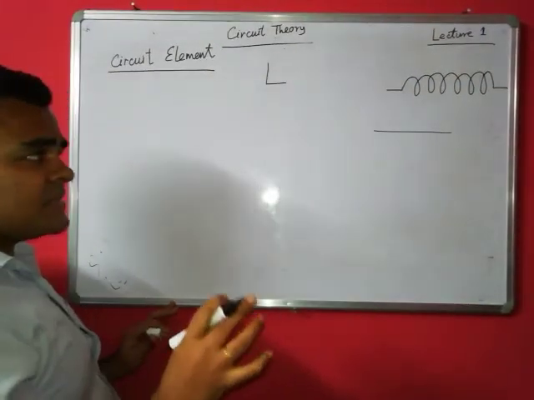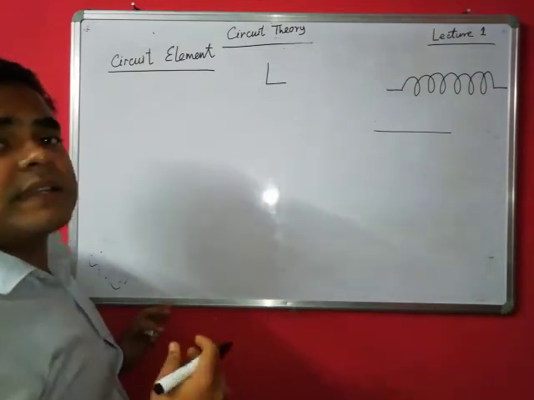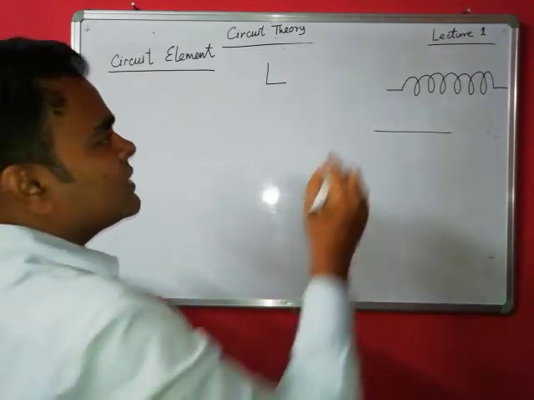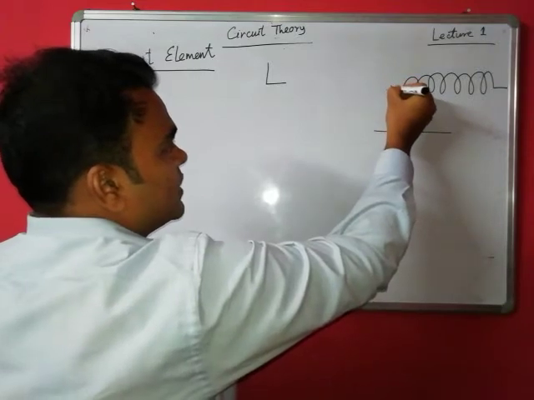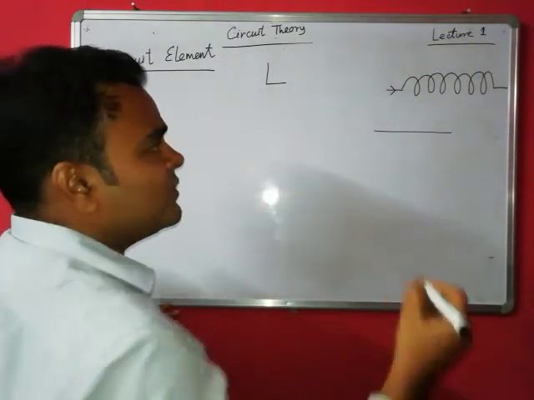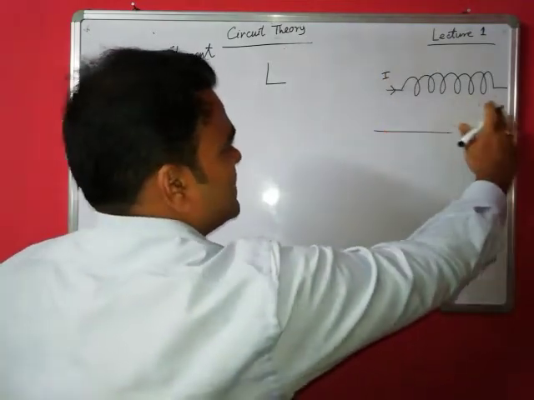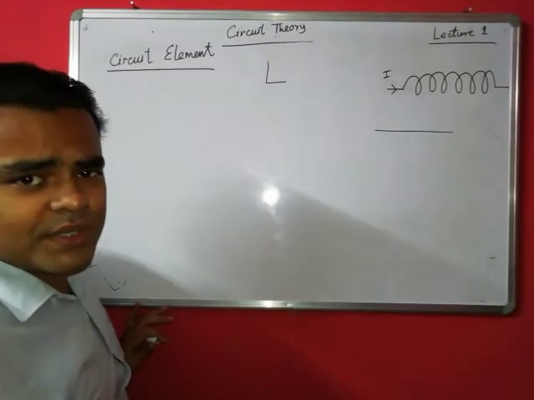So what is the property of an inductor? The property of an inductor is whenever a current is flowing through it, if the current is constant, it will behave as a passive element. It has no effect.